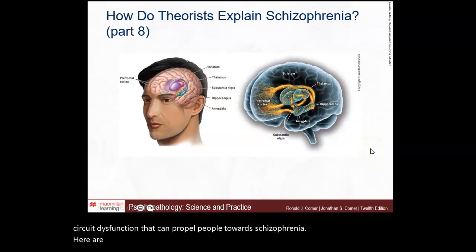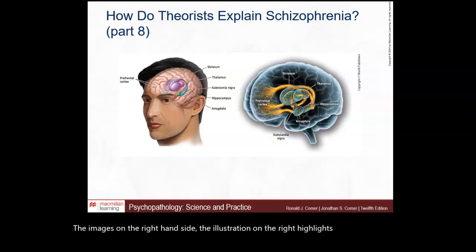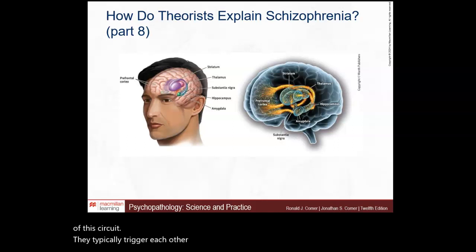Here are some images of the brain circuit. The illustration on the right highlights how the structures of this circuit typically trigger each other into action, and the interconnectivity that is flawed in people with schizophrenia.